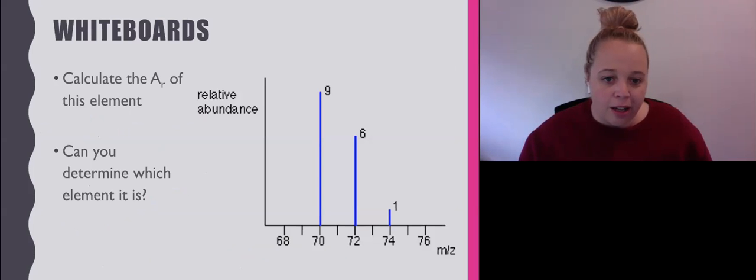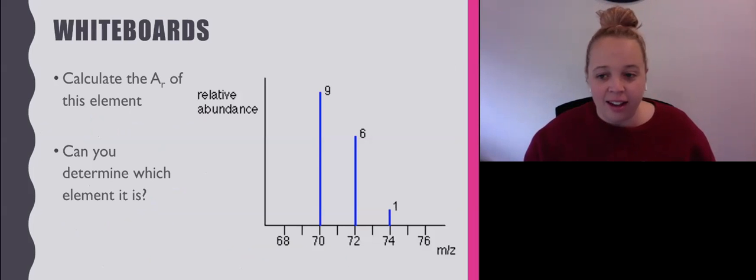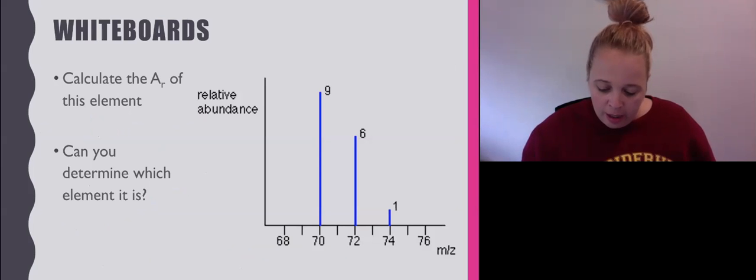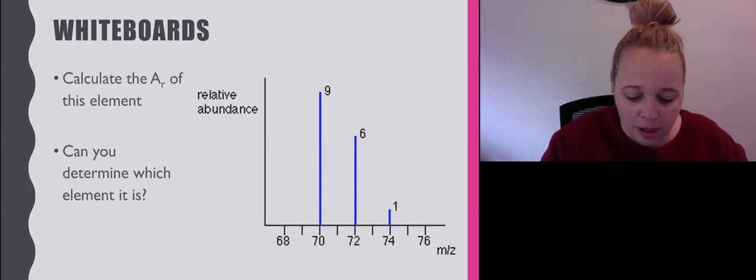I'd suggest that you pause and give this question a go. You need to calculate its A_R first, and then use your periodic table to figure out what the element is. So you have a look at this. We can see that we have 3 isotopes this time.